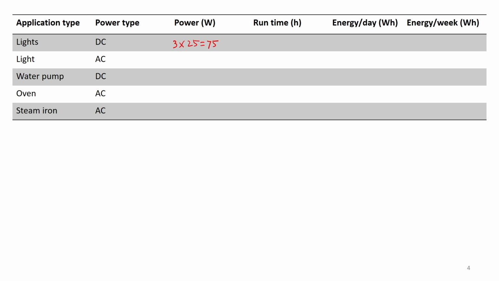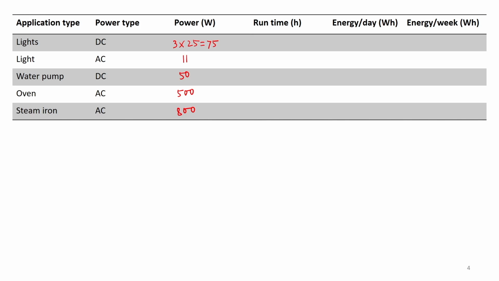The second light is AC type, and its rating is 11 watt. The water pump is DC, 50 watt, the oven is 500 watt, and the steam iron is 800 watt.